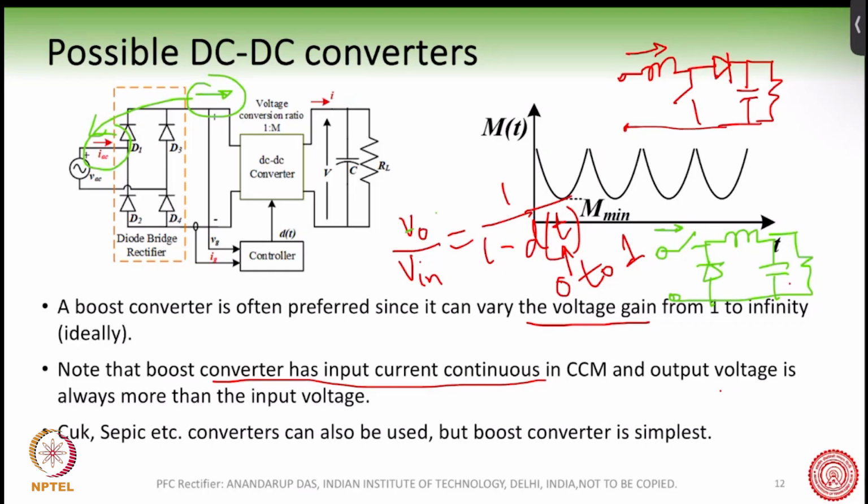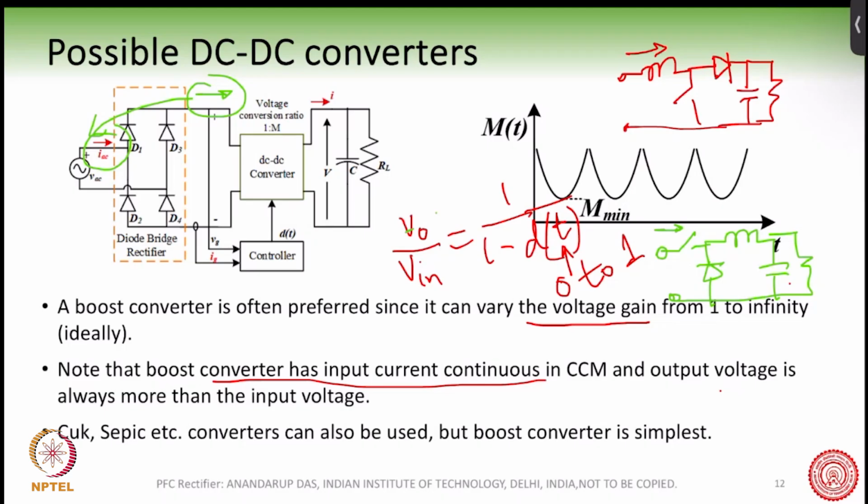With this discontinuous current, we will need additional filters at the input of this AC source so as to make the grid current look continuous, ripple free. So it becomes a more complicated and difficult design to undertake. And that is one of the reasons why we do not usually use a buck converter.